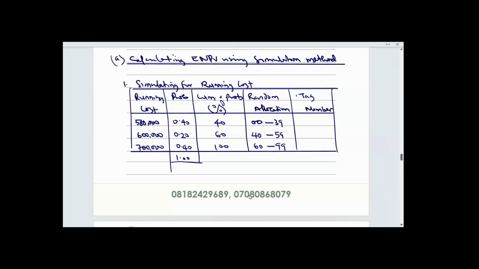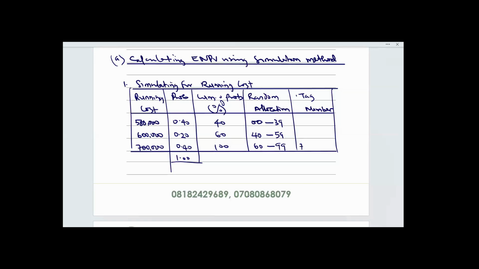Therefore, I will go back to the question. What are the tag numbers for running costs? The examiner told you that for running costs, set 1 is 70. From my table, where does 70 lie? 70 is in the third row.